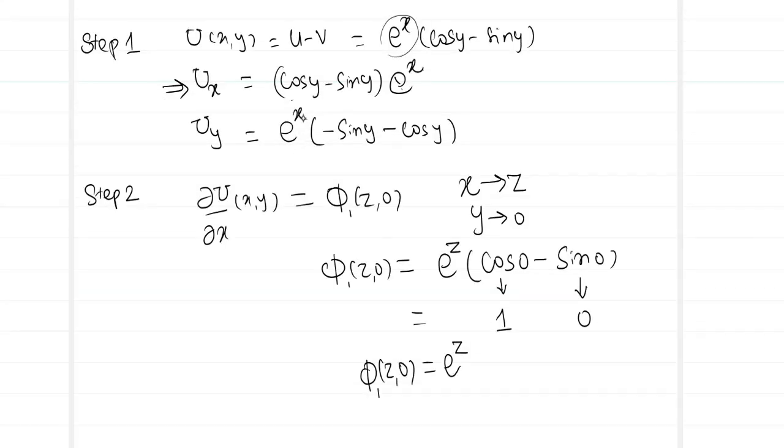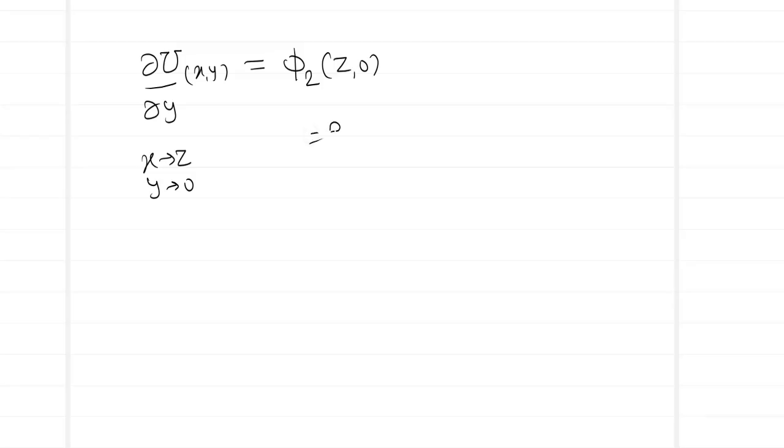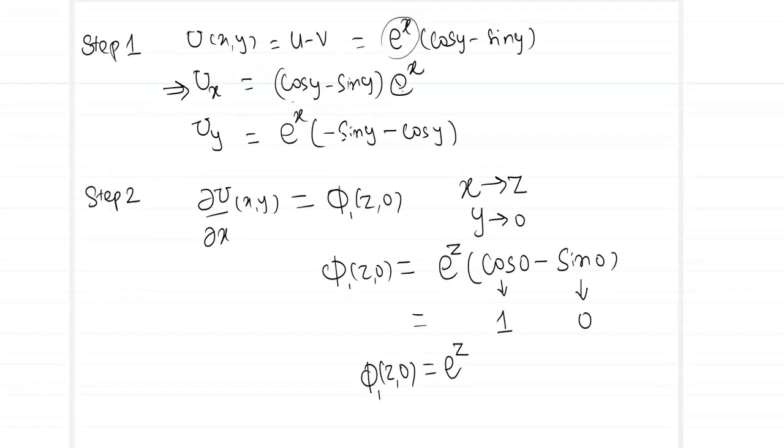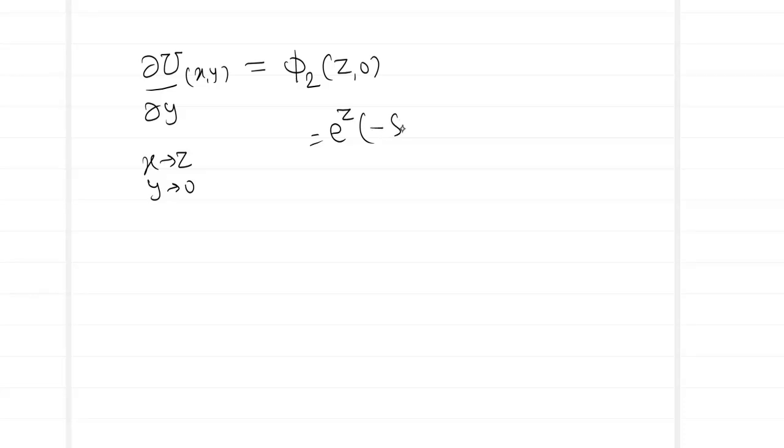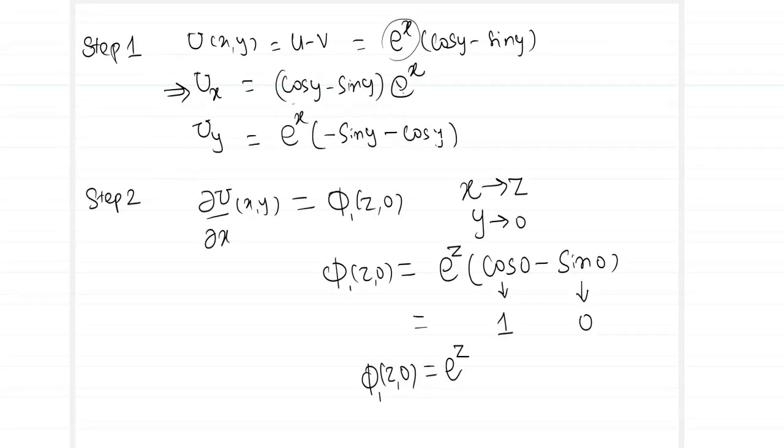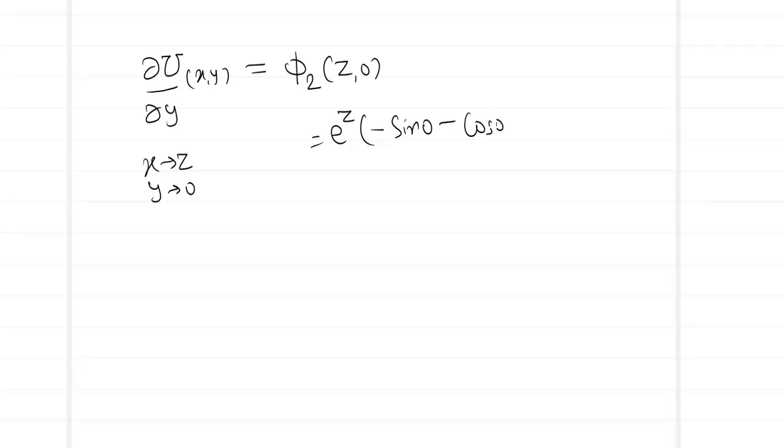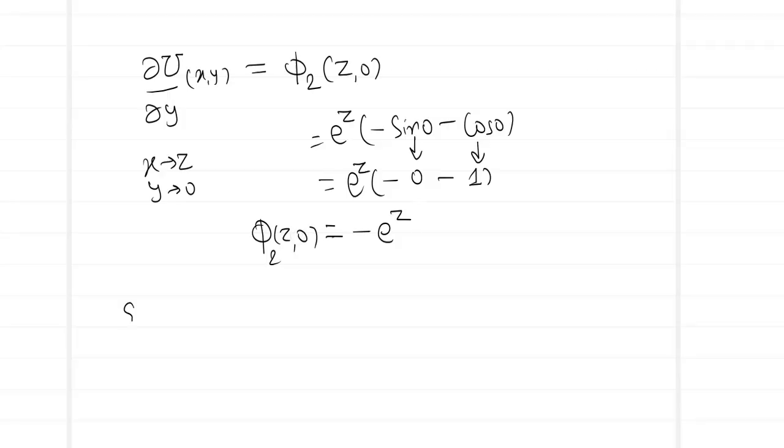This is e power z into minus sine 0 minus cos 0. Minus sine 0 is 0, and cos 0 takes the value 1. Hence this becomes minus e power z. So my phi 2 of z comma 0 becomes minus e power z. So I am done with my step 2.